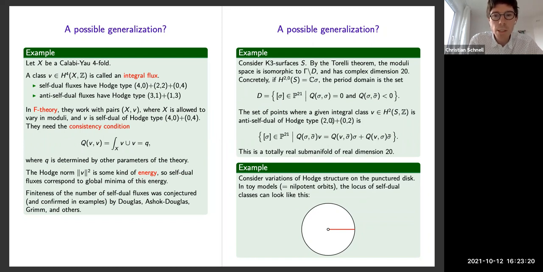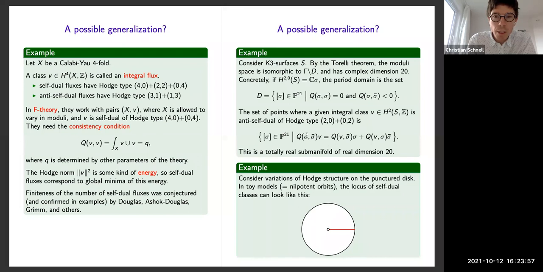The 2,0 space is spanned by sigma, and the 0,2 space is spanned by sigma bar. So you're looking at the condition that V has to be some multiple of sigma plus some multiple of sigma bar. And then you can figure out what the coefficients are by just pairing with sigma and sigma bar. And then you get this equation here: Q of sigma, sigma bar, times V should be equal to the right-hand side. This is clearly not a holomorphic condition or an algebraic condition in sigma because it involves both sigma and sigma bar.